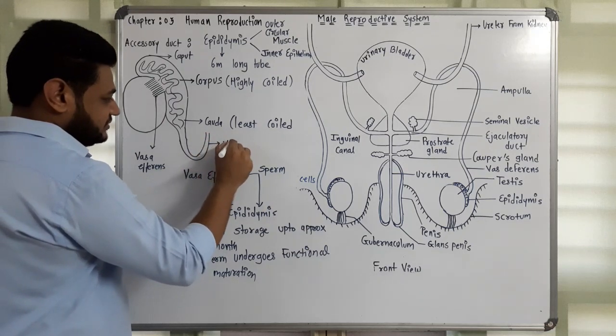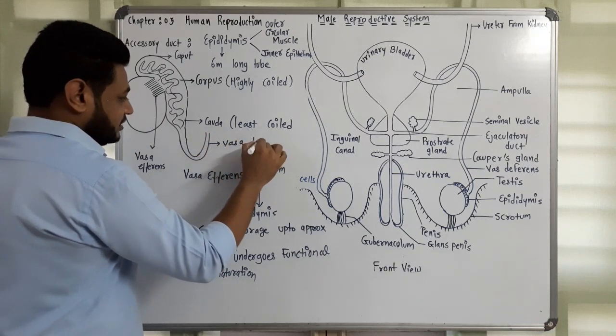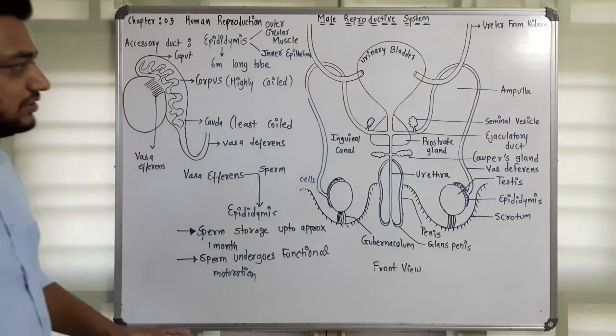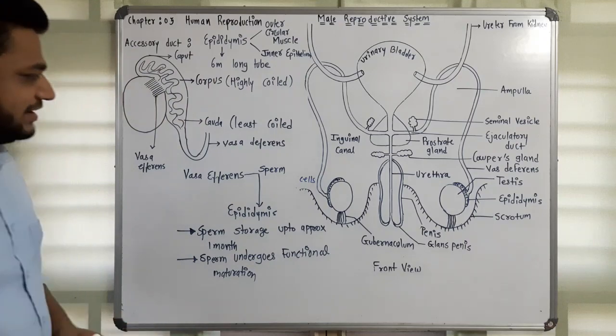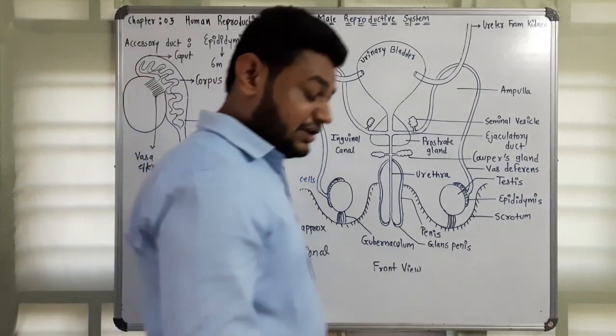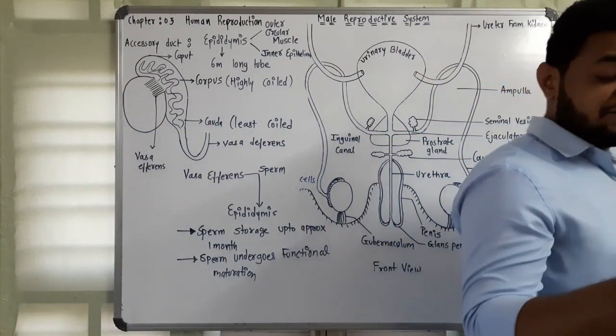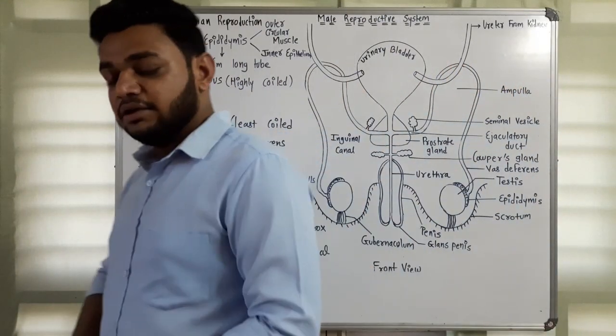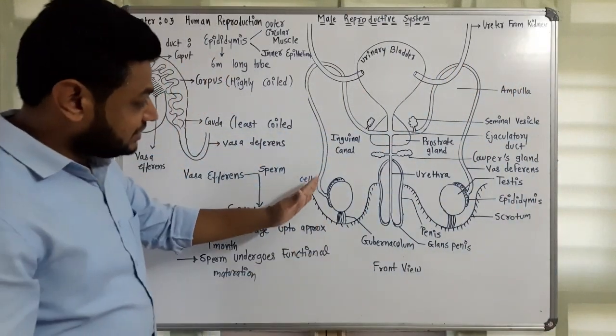The vasa deferens is a 30 centimeter long tube and is not that coiled.